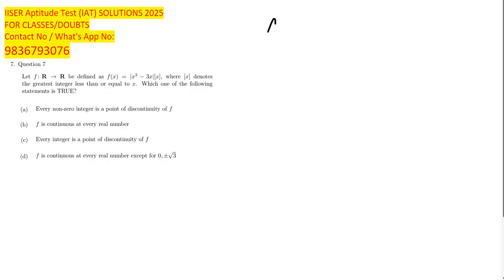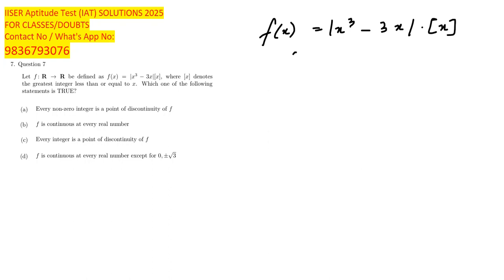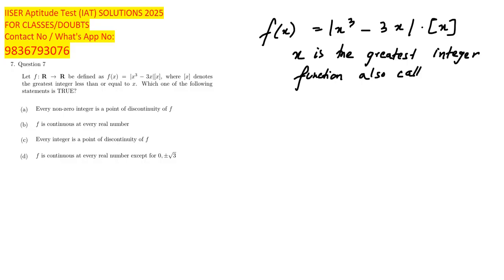So here, f(x) is equal to |x³ − 3x| times [x]. Now [x] is the greatest integer function, also called the floor function.